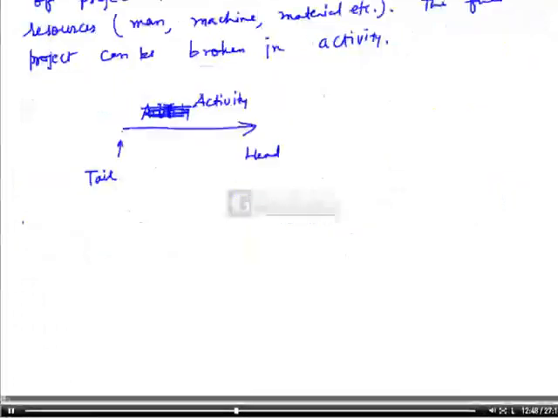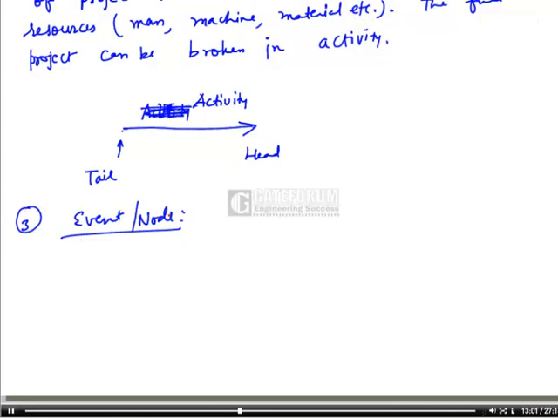Now the next point is event or node. The starting and ending point of an activity is called an event or node. For example, this is called an event, this is called an event, this is the starting event, this is the ending event.